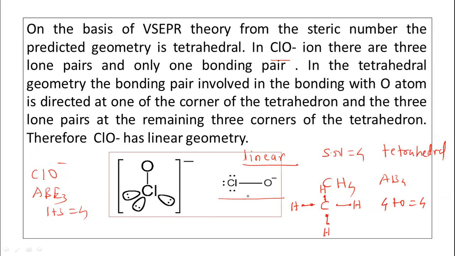So the presence of lone pairs of electrons predicts the geometry of the molecule. This is about the hypochlorite ion. Expected geometry is tetrahedral, but actual geometry is linear. For linear geometry, the bond angle is 180 degrees.